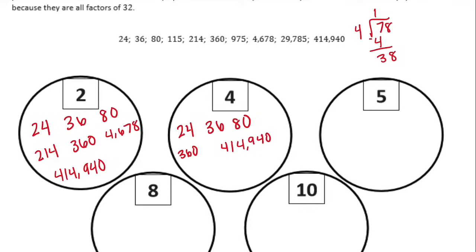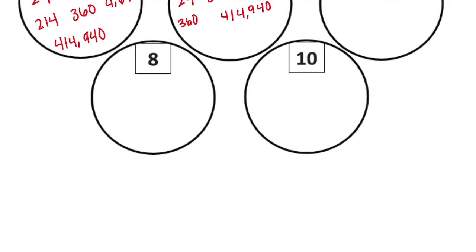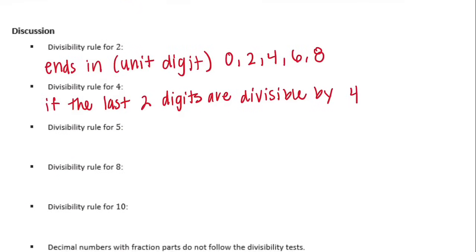Okay, 5. So the divisibility rule for 5 is that it must end in a 0 or 5, or the unit digit is 0 or 5. I like 5 because all you have to do is look at the last number.